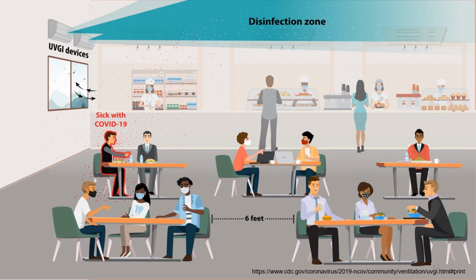And there's normal air mixing in any room, even with poor ventilation, such that the infected air will eventually drift up there and be disinfected by the germicidal fixtures that are over on the left-hand wall there in this example.